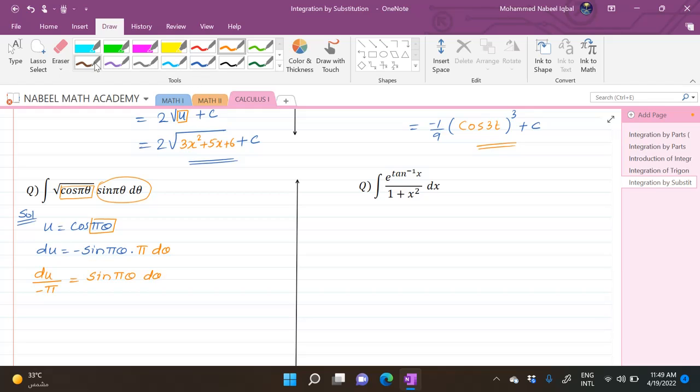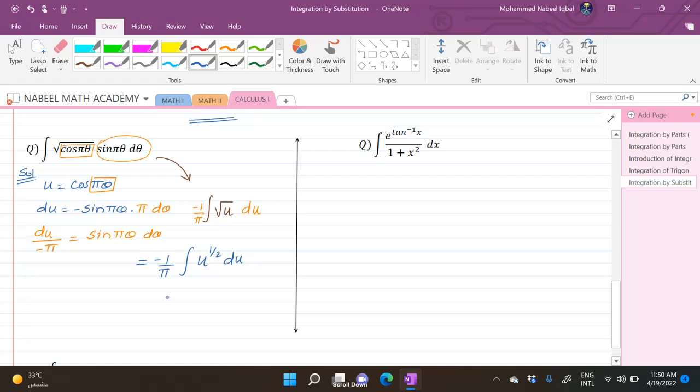Therefore the integral is converted in terms of u: the square root of u, and this sine pi theta d theta is du over minus pi. I will take minus 1 over pi outside because it's a constant. Then I will integrate this as a power of half.